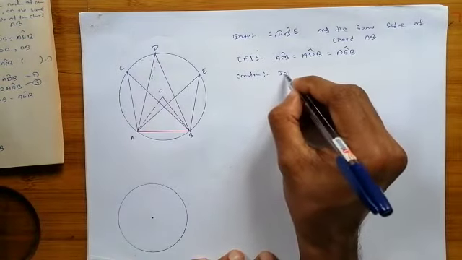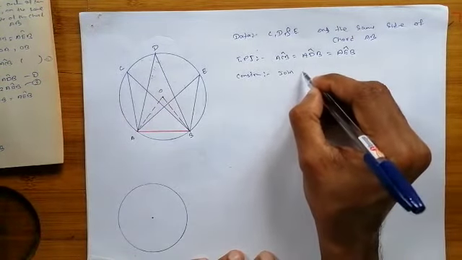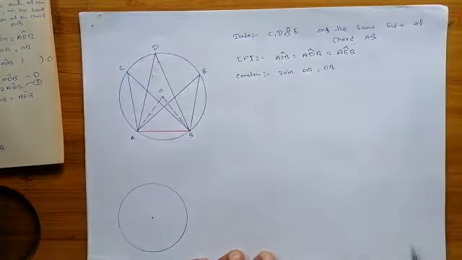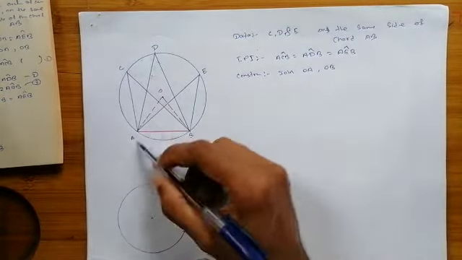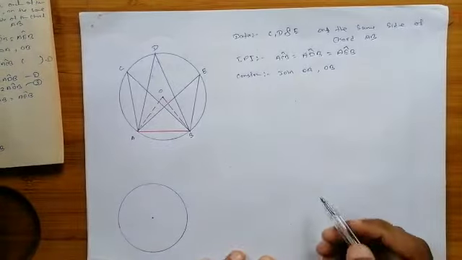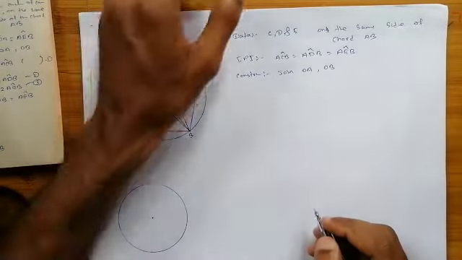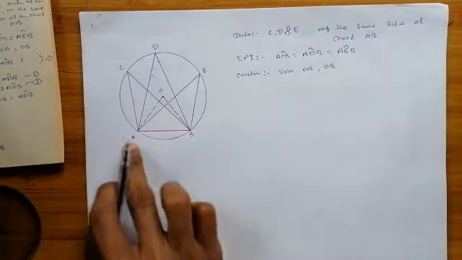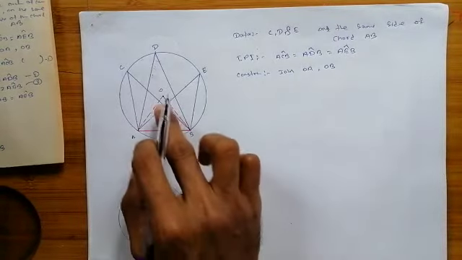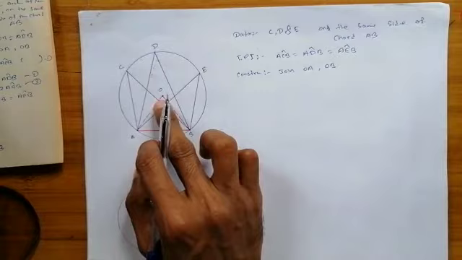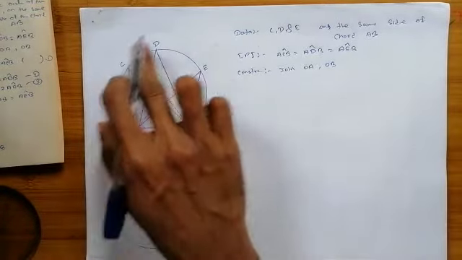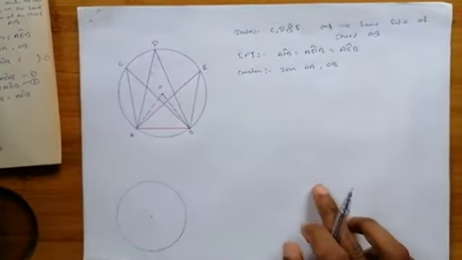Join OA, OB. So the center must be connected. If you look at the figure, you have an arc AB subtending angle AOB at the center, and the same arc subtending angles at C, D and E.